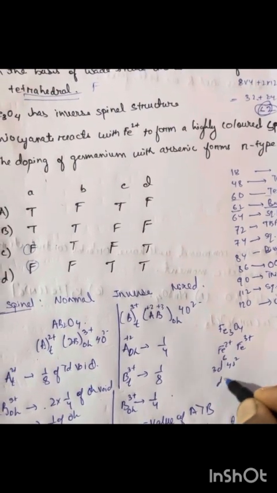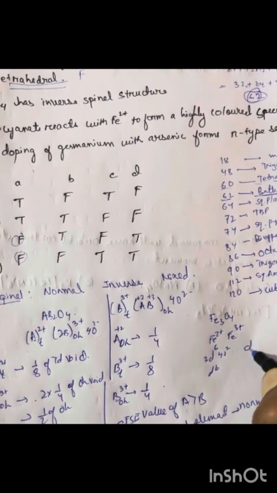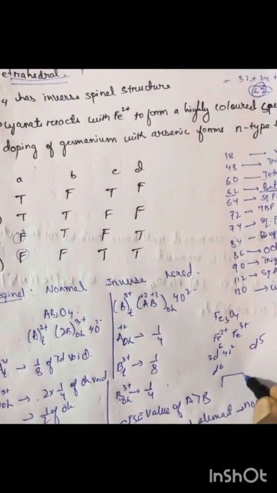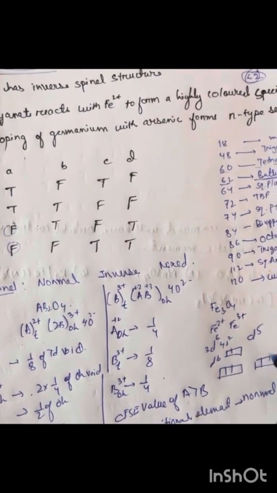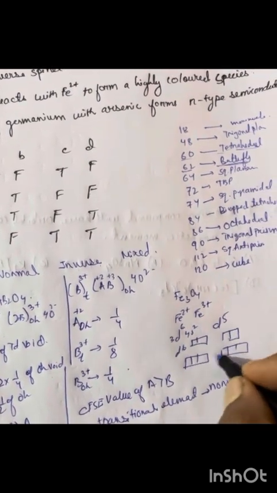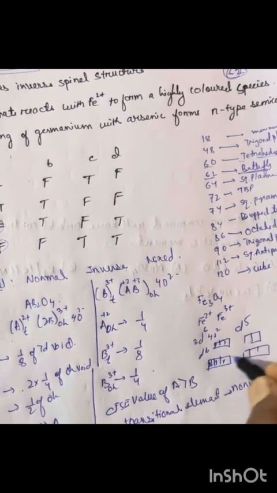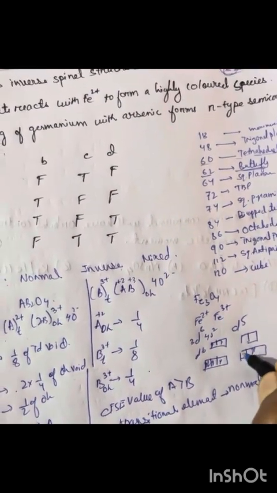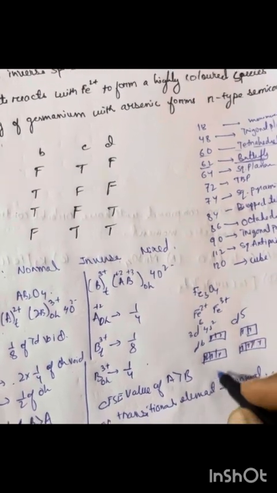Fe2 plus means d6, and Fe3 plus will be d5, right? d6 means 1 2 3 4 5 6, one electron paired, so one extra electron here.